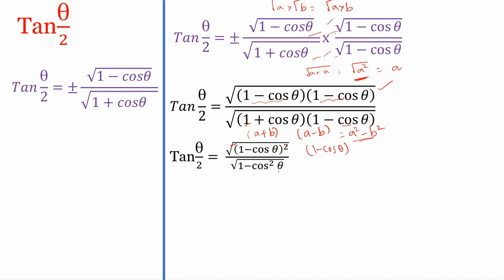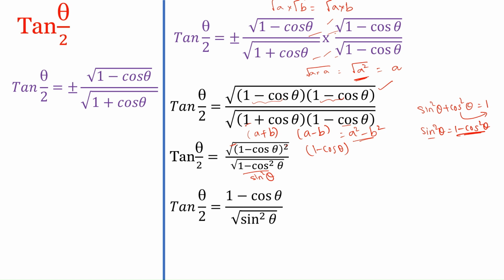numerator. Coming to the denominator, from the Pythagorean trigonometric identities, sin square theta plus cos square theta equal to 1. From this, if we transpose cos square theta, we will get sin square theta is equal to 1 minus cos square theta. So in place of 1 minus cos square theta, we will substitute this sin square theta here.